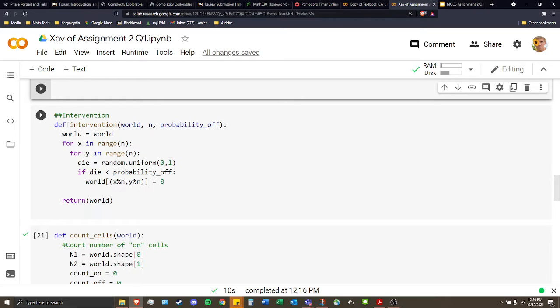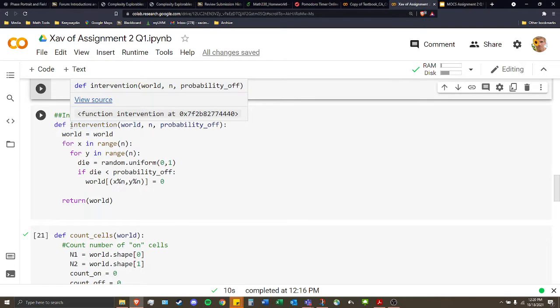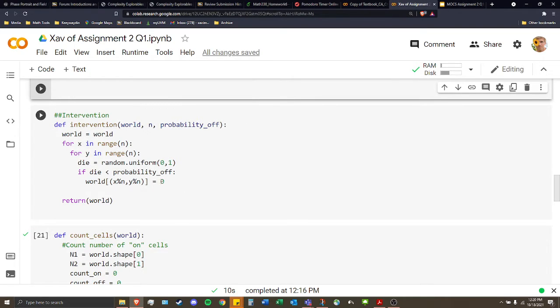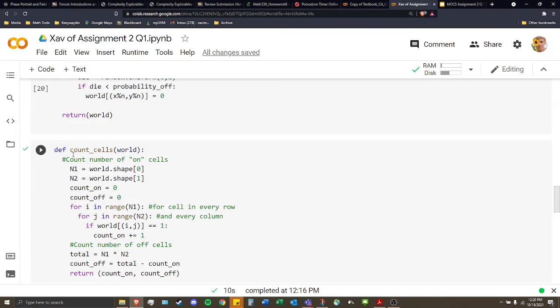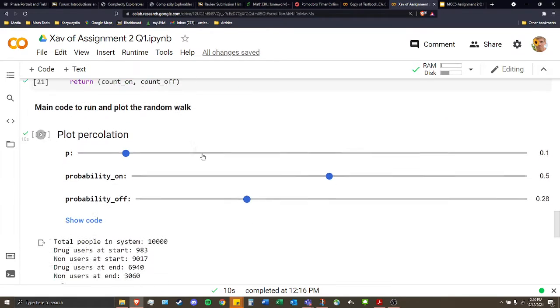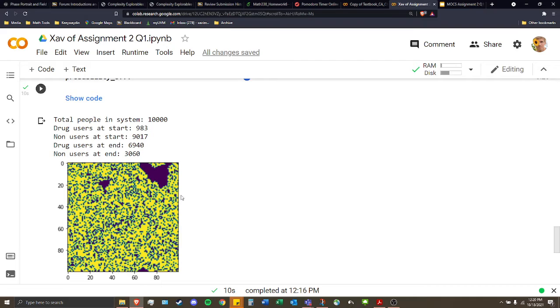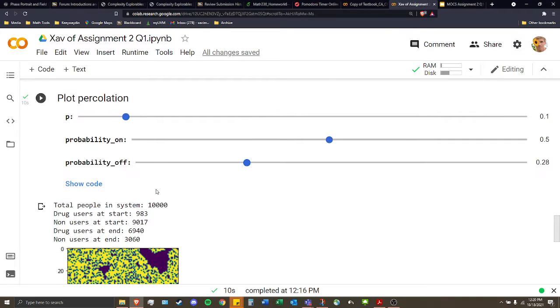This is our intervention function that we made. So this is how people randomly turn off, based on a self-intervention kind of thing. And then we just have a function down here to count the total cells. So we can show off the different things that we're doing here.